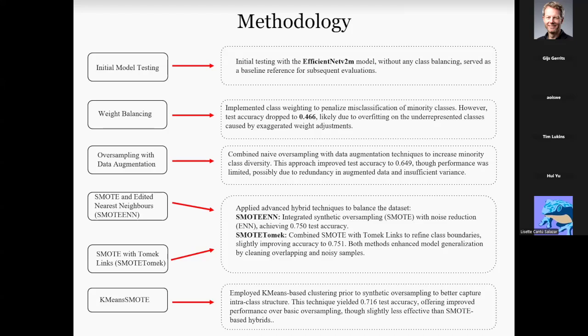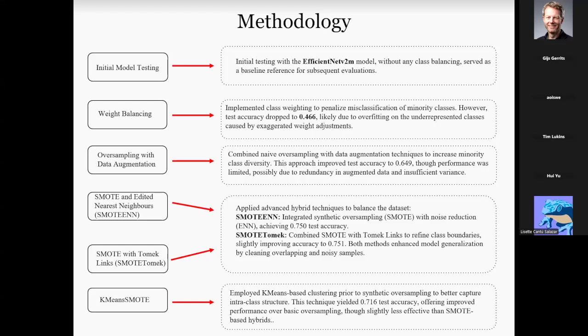So basically, SMOTEENN combines the synthetic minority oversampling method with edited nearest neighbor. SMOTE generates synthetic samples for minority classes by interpolating between the existing ones, while edited nearest neighbor removes the noise and refines the class boundaries.